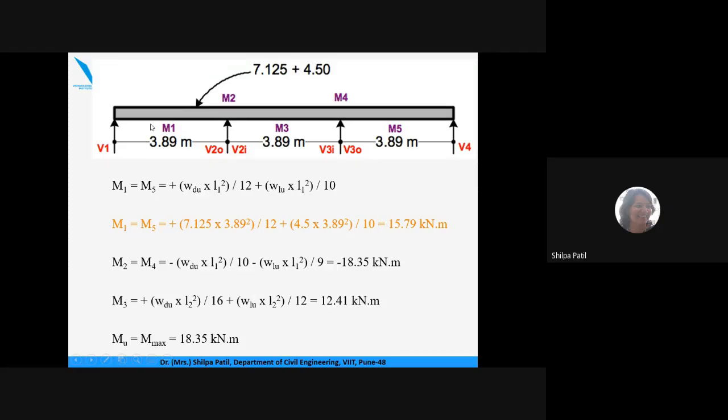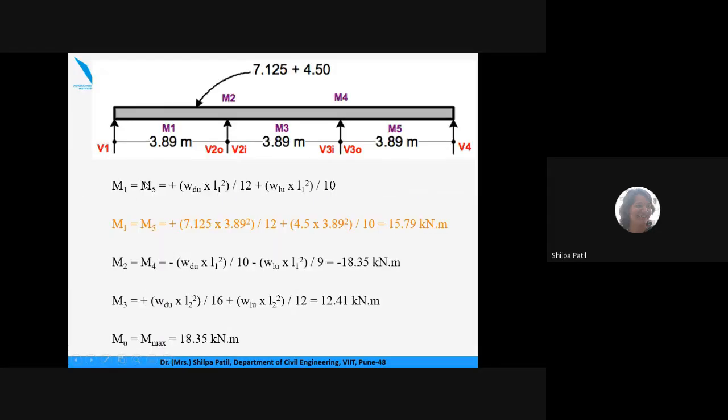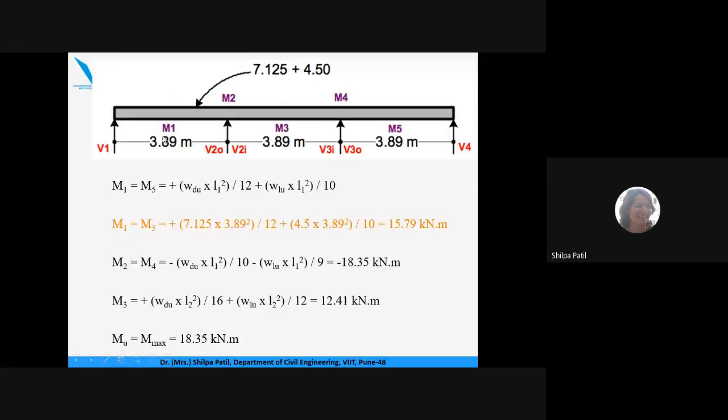So M1 is actually the middle of the end span, as given here. For the middle of the end span, what are the coefficients? L by 12 and L by 10. So for M1 and M5, the coefficients are L by 12 and L by 10.